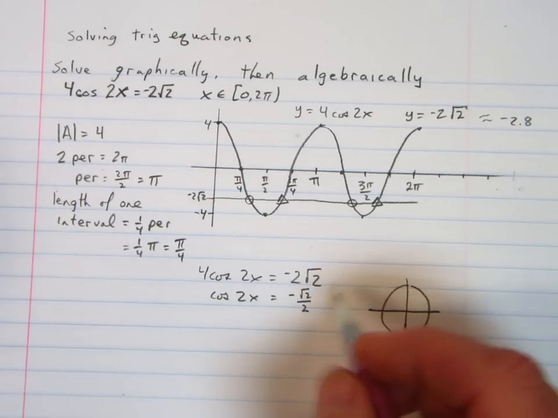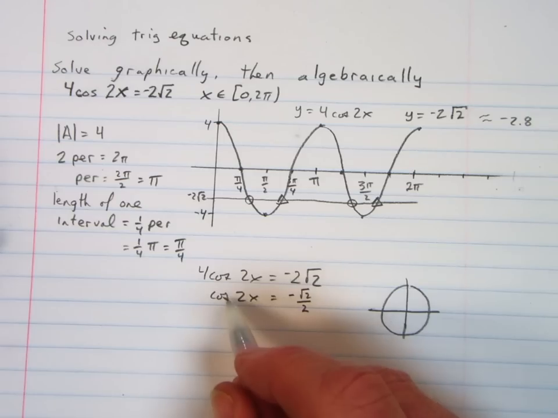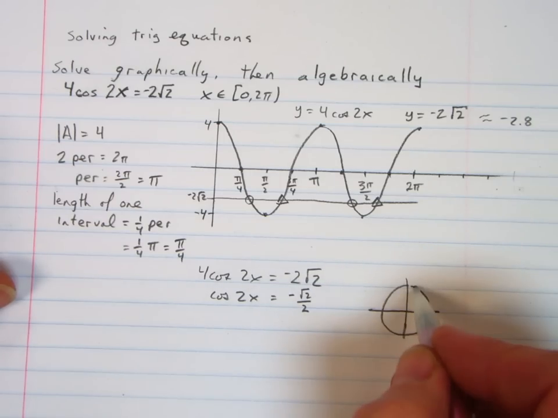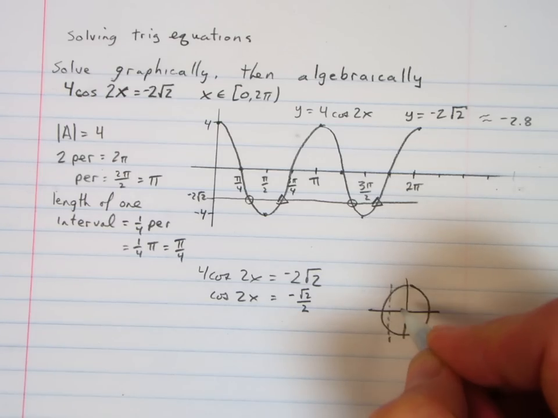And we have, where is cosine equal to negative root 2 over 2? What is cosine on the unit circle? Cosine is our x value, and negative root 2 over 2 is about negative 0.7. So we'll come here and we'll draw a line at negative 0.7 for x equals.